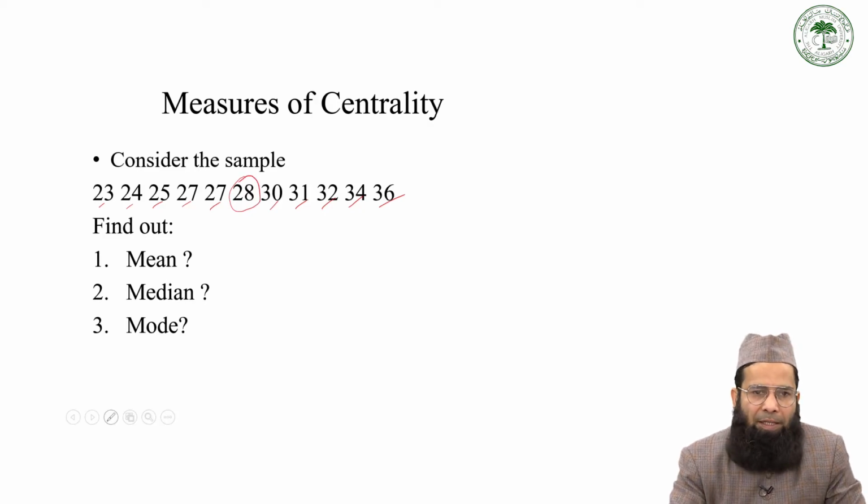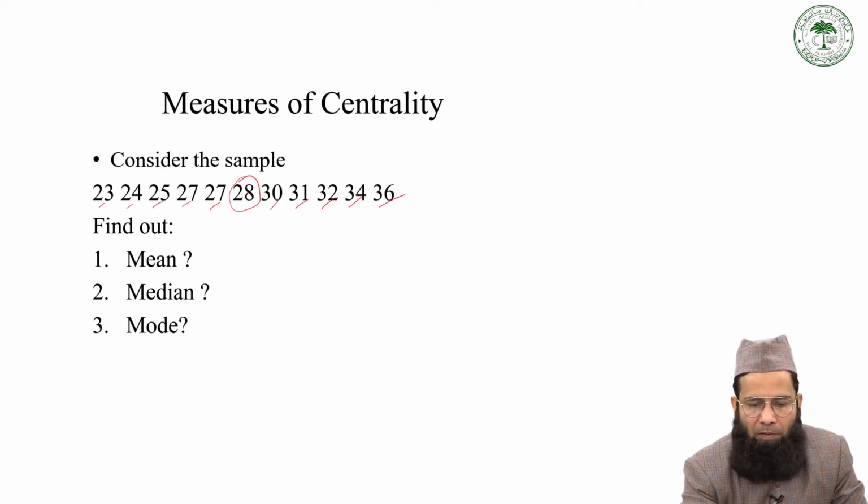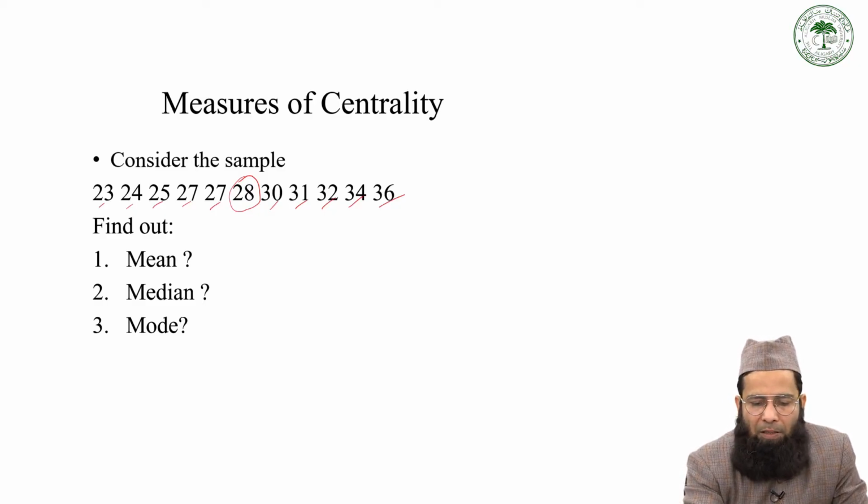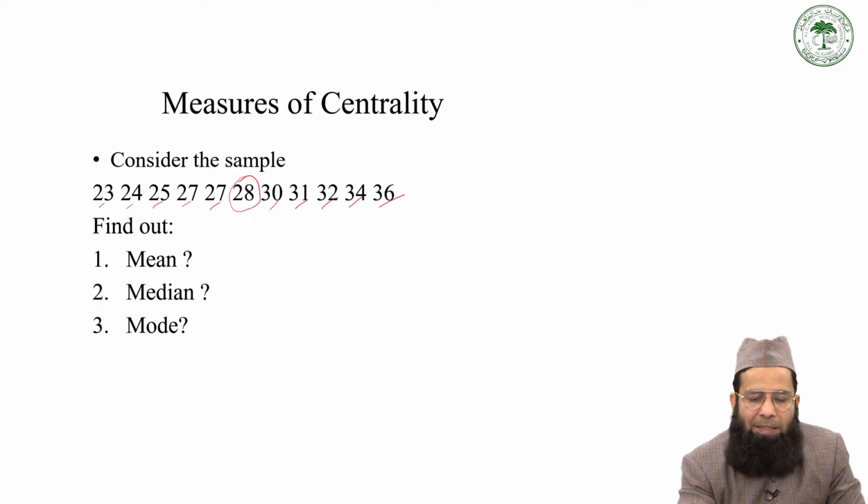This one is the median, right? Here we have 11 elements. Sorry, not 12 elements. The number of elements is 11. So the mean would be the sum of all divided by 11. The median is this one, 28, and the mode is 27, since 27 has two occurrences in this list, right?